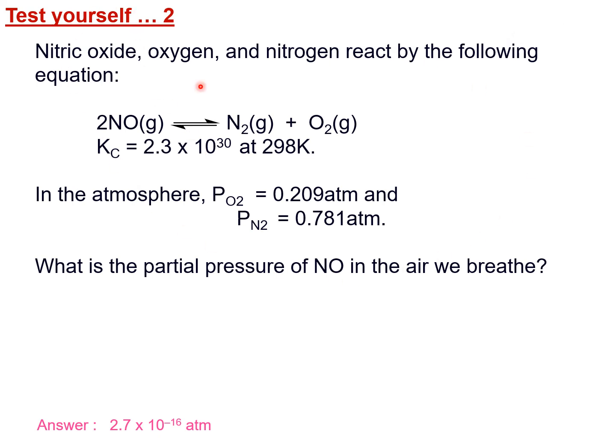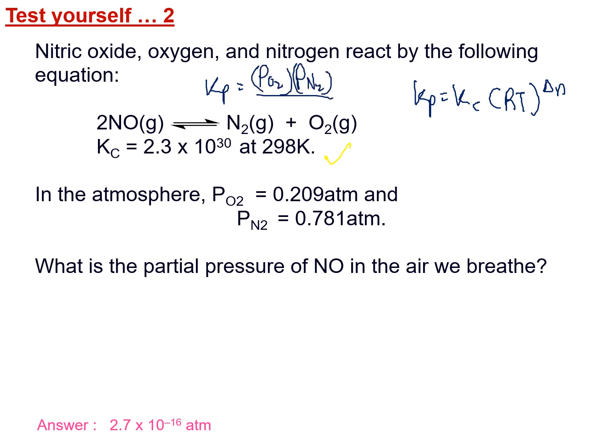Okay, untuk test yourself tu pun benda ni pun melibatkan formula Kp is equals to Kc times with RT delta N, because why? If you can see here, dia bagi kamu information untuk Kc. Okay, lepas tu dia suruh kamu cari, tak adalah suruh kamu cari Kp. Okay, dia suruh kamu cari one of the species di dalam Kp expressions. Okay, because if you look at this chemical equation, you know that Kp is equals to partial pressure of oxygen times with partial pressure of N2 divide by the partial pressure of NO to the power of 2.